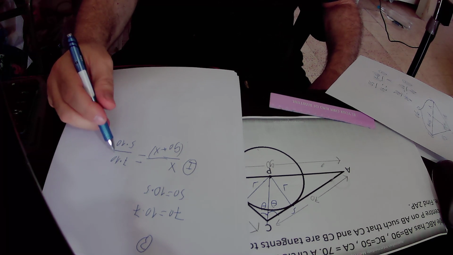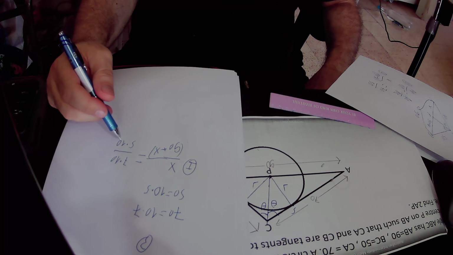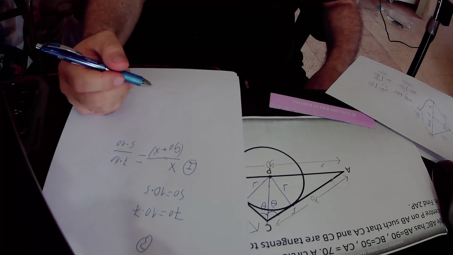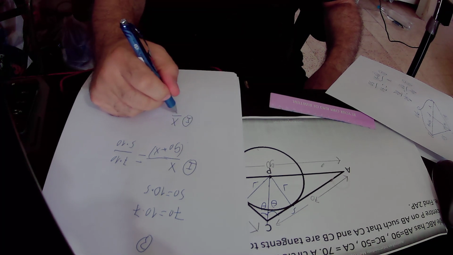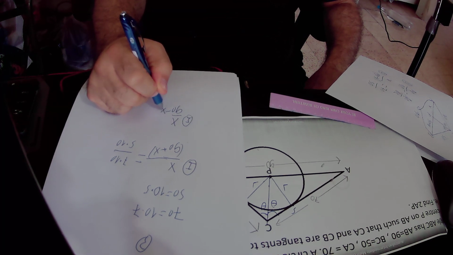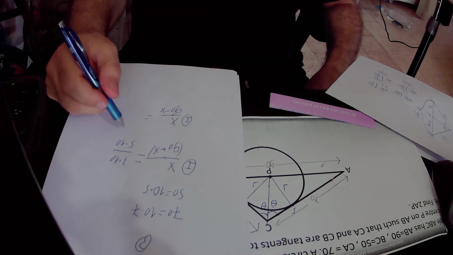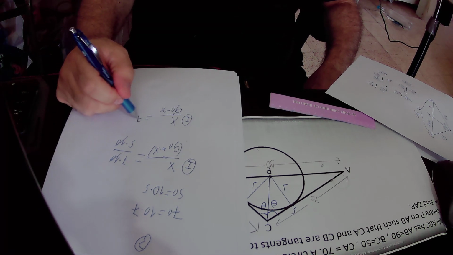We write again that x over 90 minus x equals, with 10 cancelled, 7 over 5.